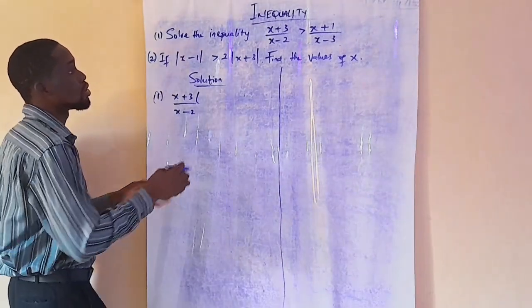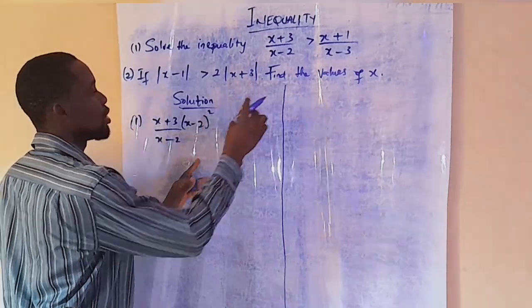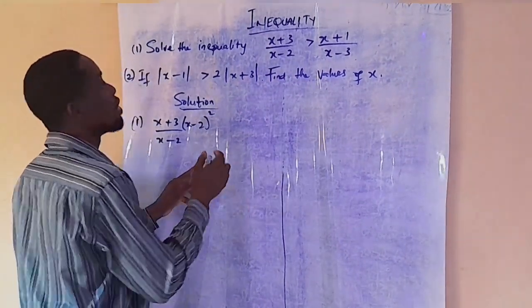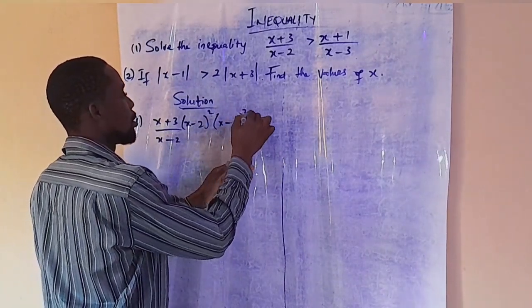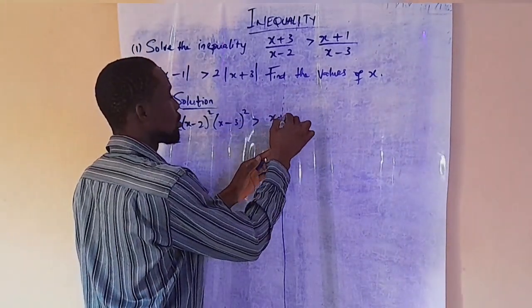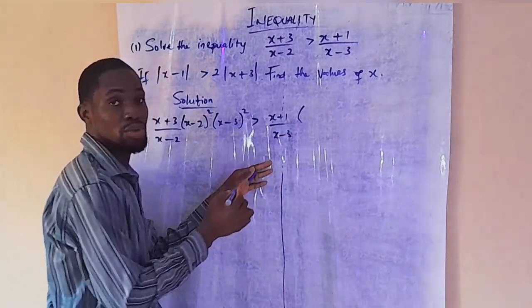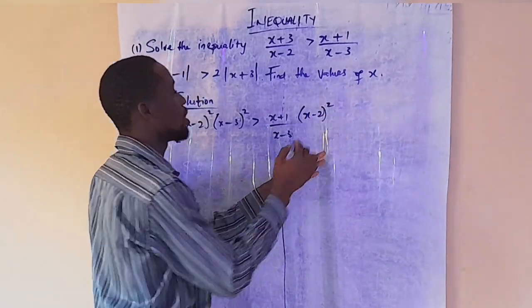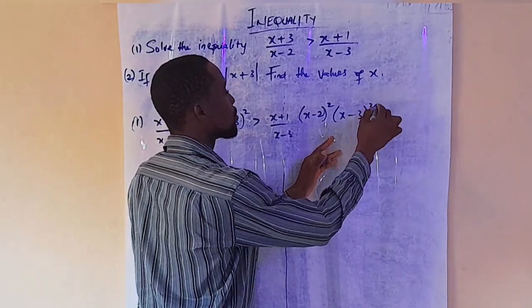This becomes (x - 2) all squared, (x - 3) all squared, to be greater than (x + 1)/(x - 3) times (x - 2) all squared times (x - 3) all squared.